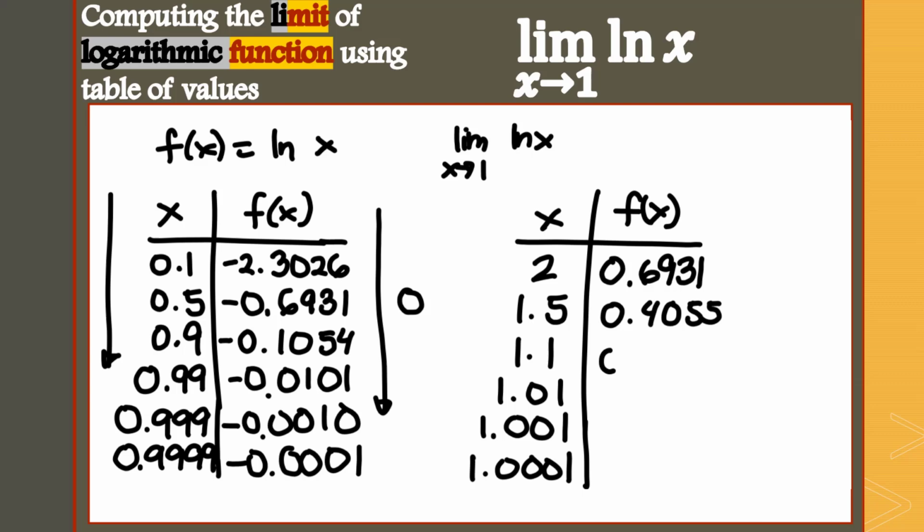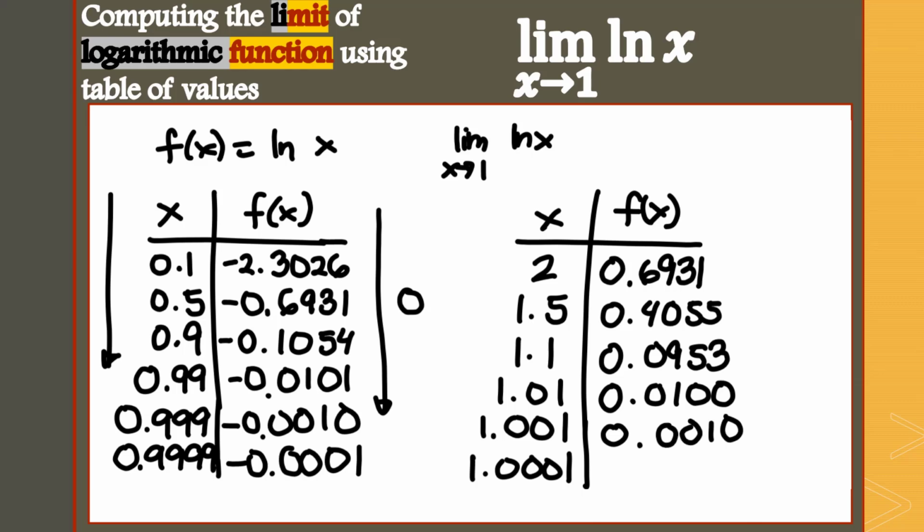You will have 0.0953. For 1.01, you have 0.0100. Next, for 1.001, you'll have 0.0010. So you can see we have the same pattern, or probably the same value as it gets closer to 1.